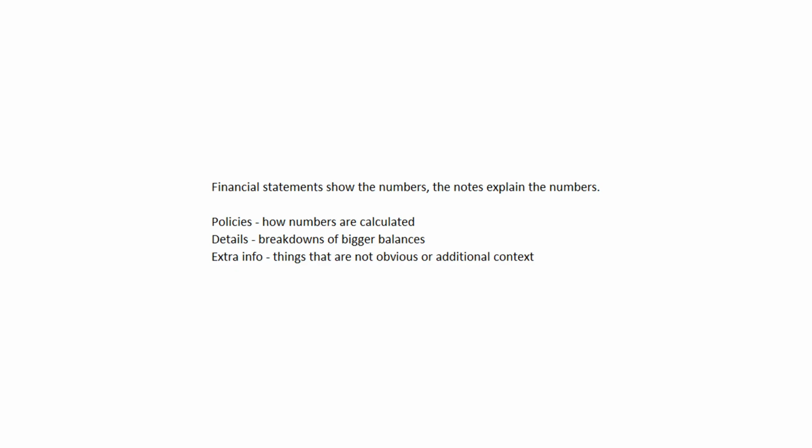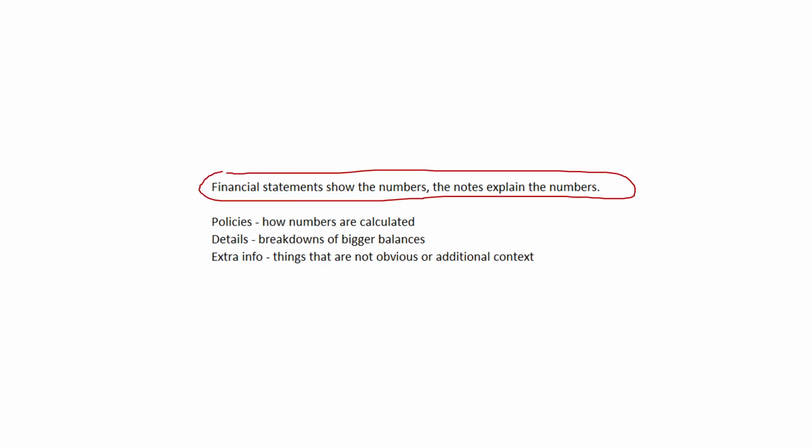If you want to remember this phrase, financial statements themselves, that's to say the income statement, the balance sheet, and the cash flow statement. Those are the financial statements, right? They show the numbers, and the notes to the financial statements, which come at the very end of the set, will explain the numbers, if they need explaining.